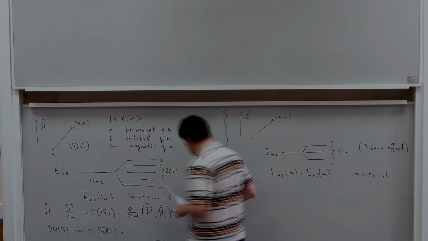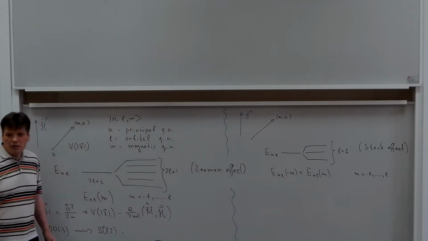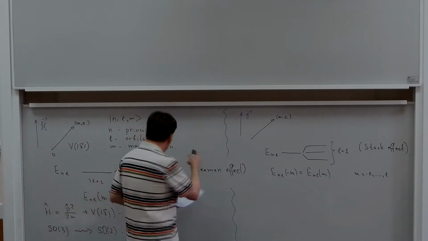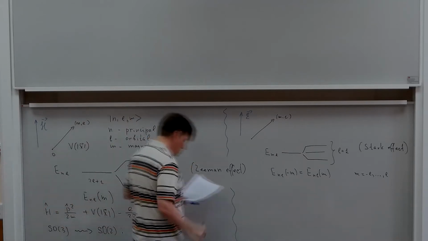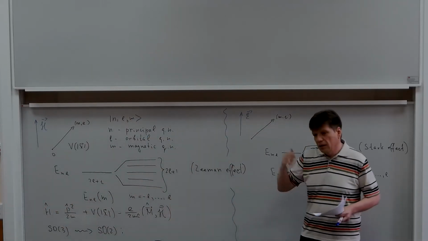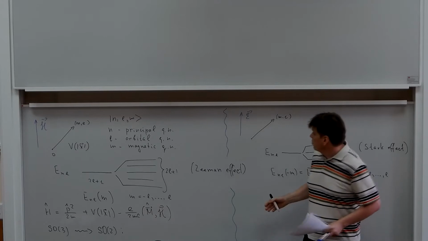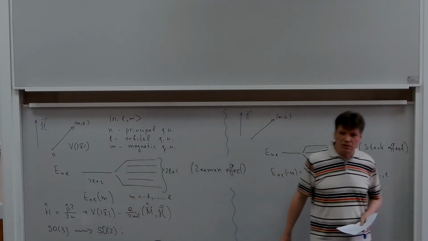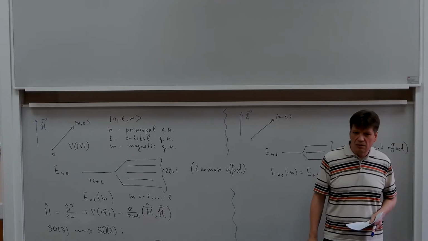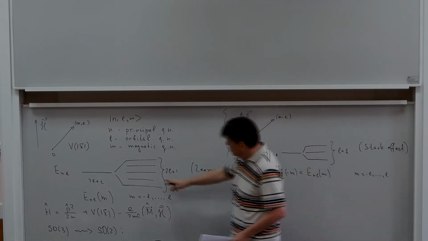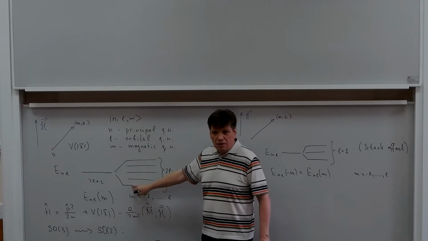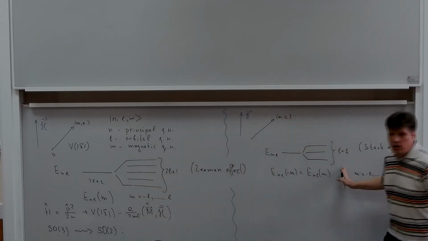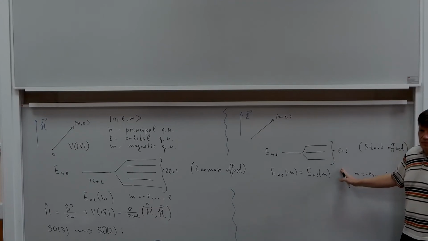Okay, what's the matter? In both cases, we break the spherical symmetry of the problem to the axial symmetry. But for the Zeeman effect, the splitting is complete, and for the Stark effect, it is only partial. Why?